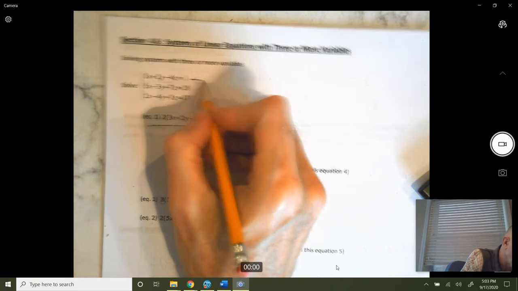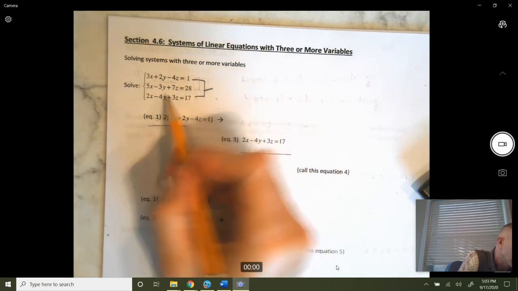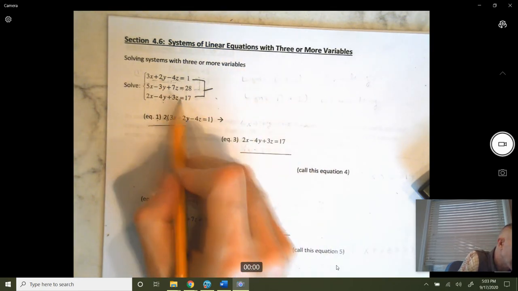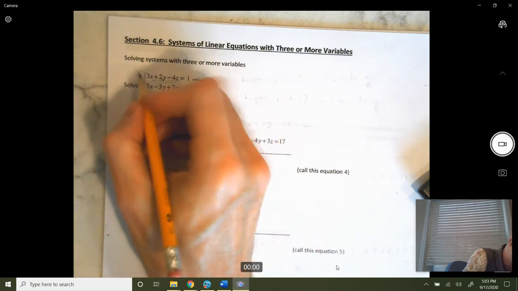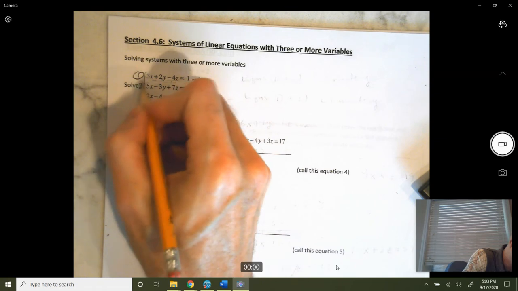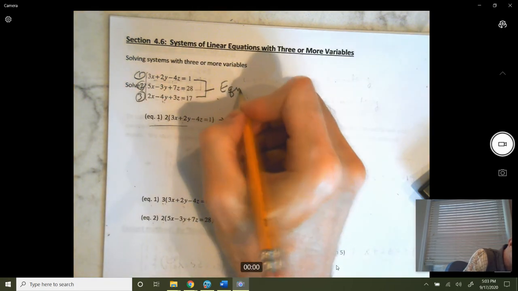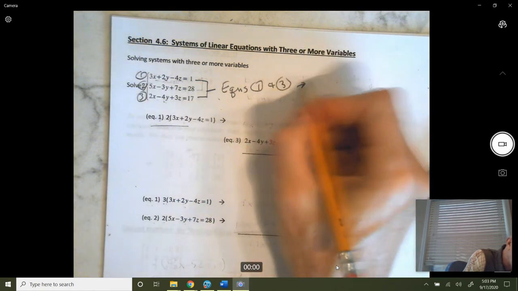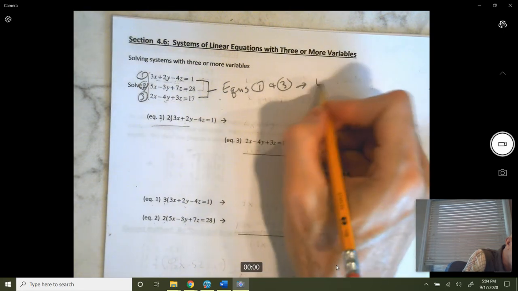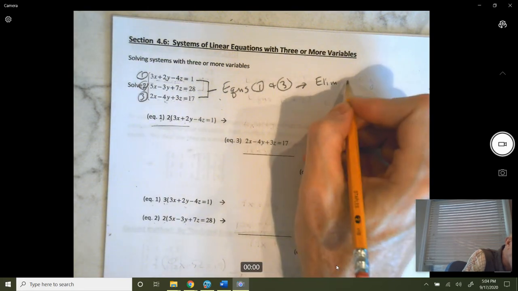Let's take the first equation and the third equation. That 2y and negative 4y might be easy to eliminate. So if we call this equation 1, this equation 2, and this equation 3, we're going to take equations 1 and 3, and from those 2 equations, we're going to eliminate y.